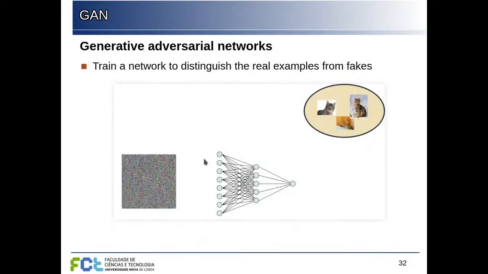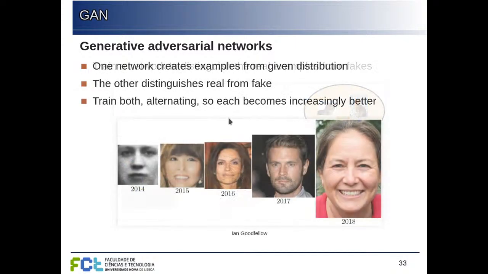And we're going to train another network, the discriminator, that is going to learn to distinguish between what the generator is producing, so the fake images, and the real images in our training set. And now what we're going to do is use one network to train the other.